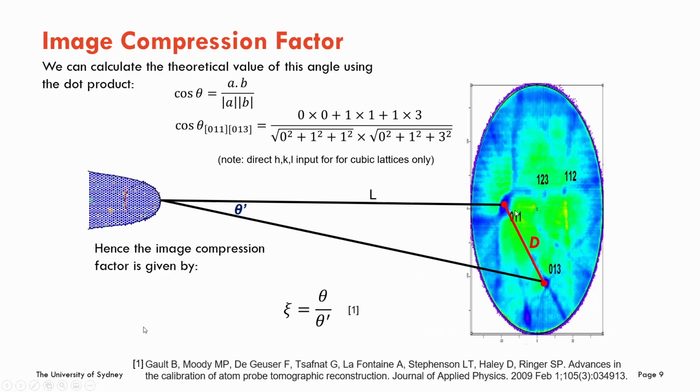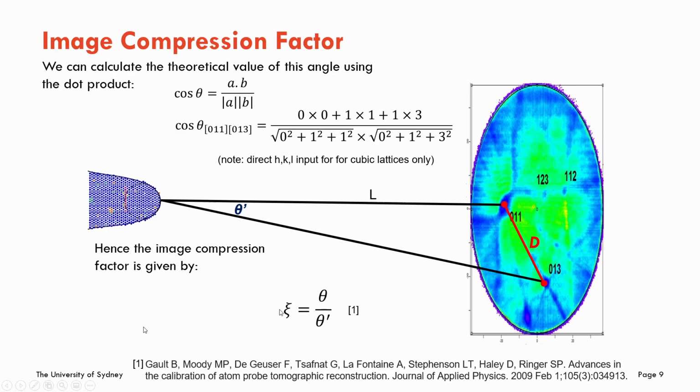So if we're talking about these two poles that represent the 011 and the 013 planes, and we're trying to find the angle between the normals to those sets of planes, we can just substitute in, and then it comes out as this, and then you just go ahead and solve for theta.